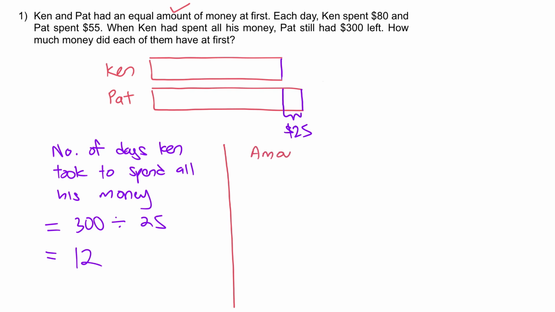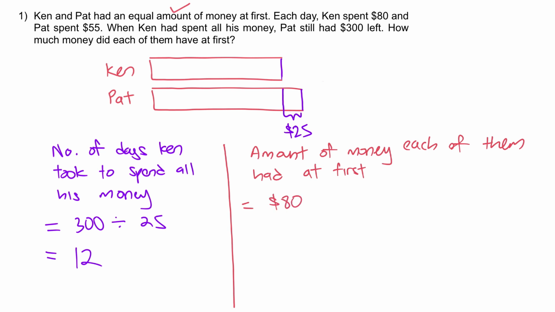Amount of money each of them had at first. Every day Ken spent $80 and he took 12 days to spend it. Therefore, the answer will be $960.